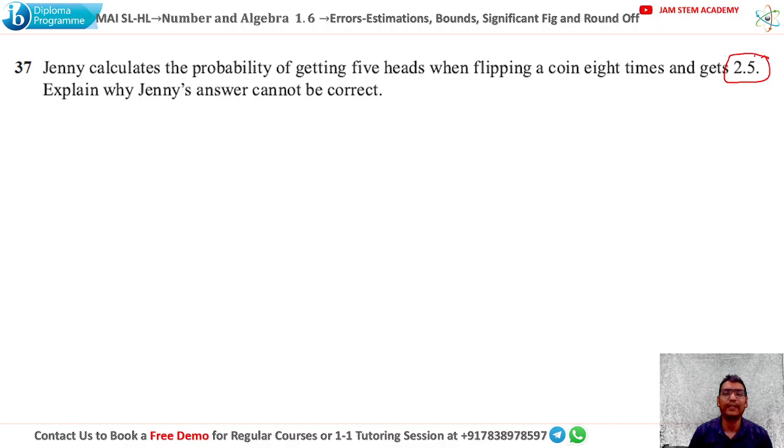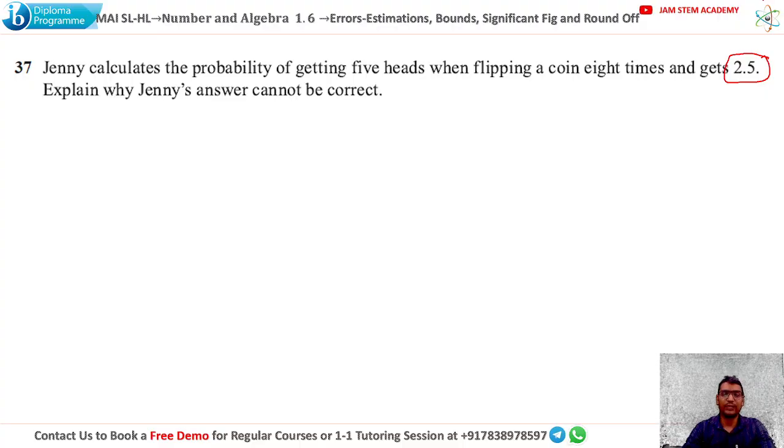Probability of any event always lies between 0 and 1. It is 0 if it is an impossible event, 1 if it is a sure event, but it can never exceed 1. So that's the problem here, and our answer cannot be correct. In this way you can also check the reliability of the answer. You have to give the reason, and the reason is probability lies between 0 and 1.